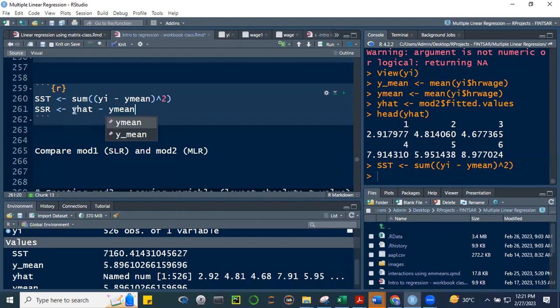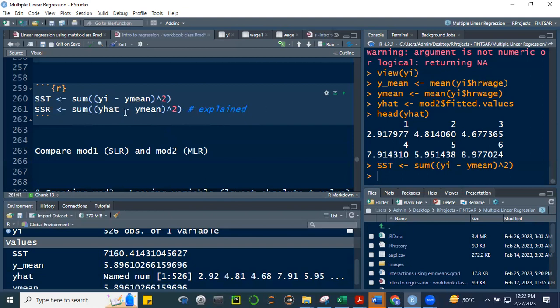Okay, yung difference nila is actually your improvement. Di ba? In-improve natin yung model natin. Kanina, mean lang. Ngayon, may Y hat tayo. Ginamit natin yung mga predictors natin. And then, square natin siya. Okay, and then kunin natin yung sum. Sum of the difference. Okay? So this is now the improvement in the model. Kanina, average lang. Ngayon, may Y hat na tayo. So yung difference ng average at saka ng Y hat model natin is your sum of the squares of your regression. Or this is also your explained.